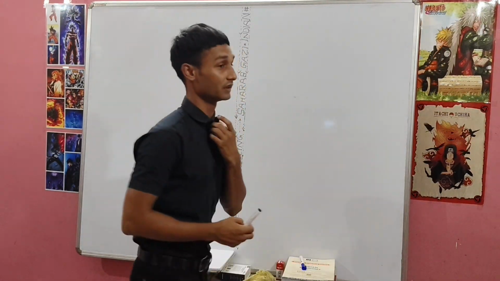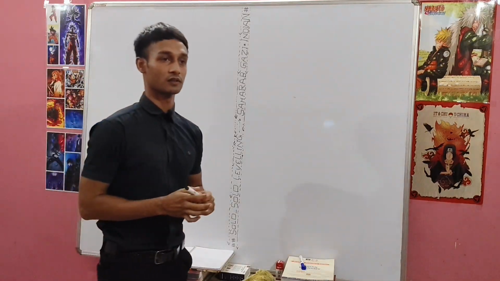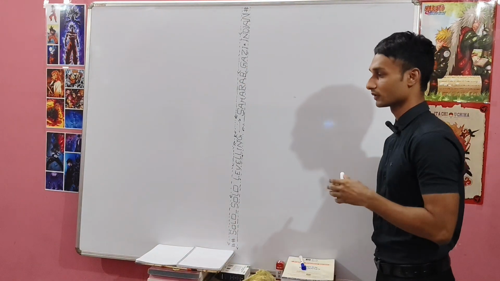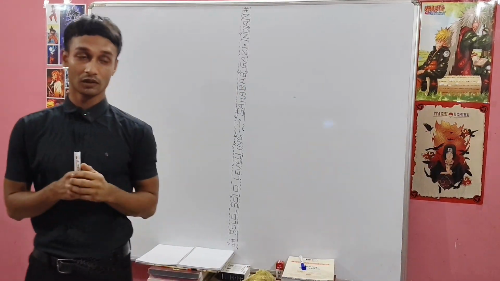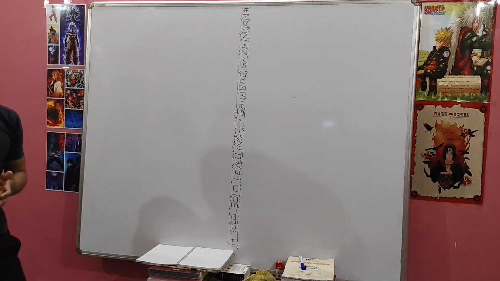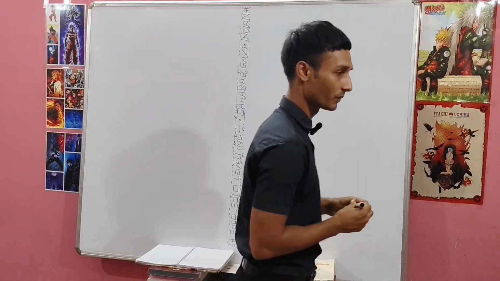Welcome to this solo leveling journey. Today we are going to complete the geometry of a complex number, in which we will study the distance formula, the distance between two complex numbers, and later the section formula, internally as well as externally.